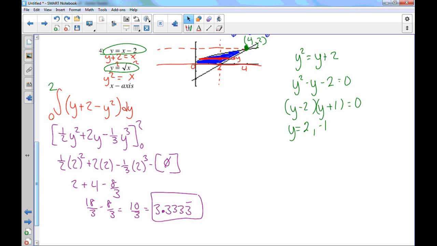Instead of top minus bottom, it just switches to right minus left, which still makes sense because the right would be higher and the left would be smaller, right? Top minus bottom.